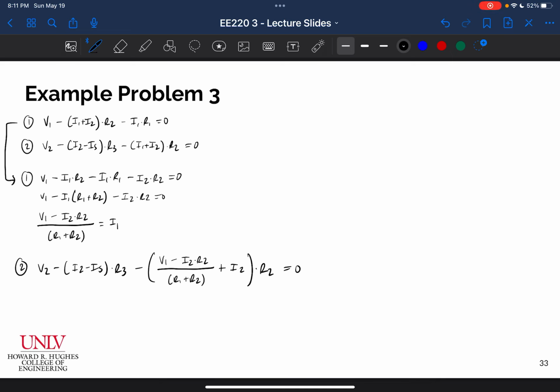And so we're going to have V2, then I've got a minus I2 times R3, then I've got a plus IS times R3, and then I'm going to have a minus V1 times R2 over R1 plus R2, and then I'm going to have a plus I2 R2 squared over R1 plus R2, and then I'm going to have a minus I2 R2 equals 0, right?